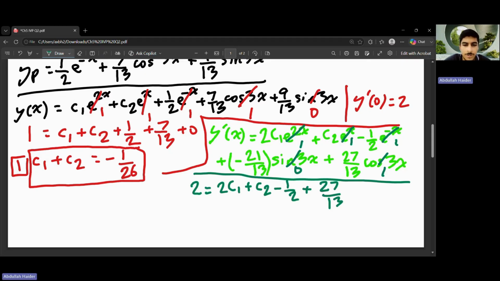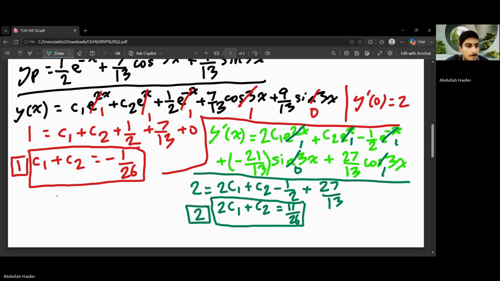So you should get now 2c1 plus c2 is equal to 11 over 26. This is your equation number 2.